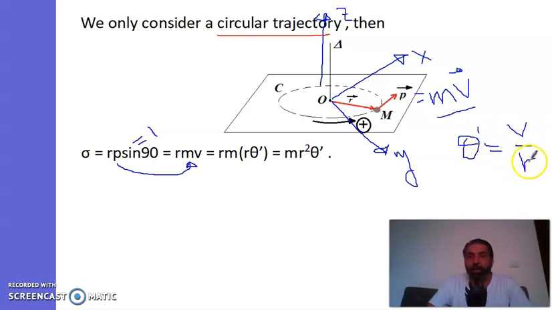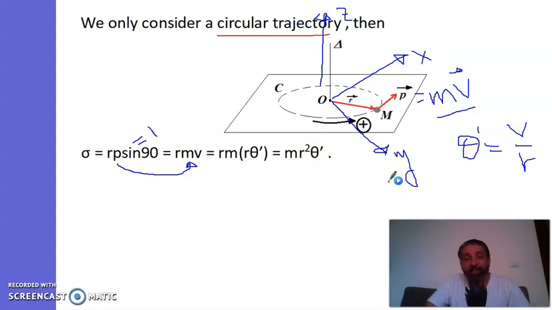So v equals R times theta prime. Now R times R squared. Then you get mR squared theta prime. But what is mR squared?